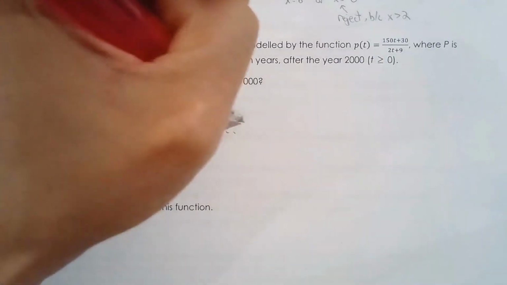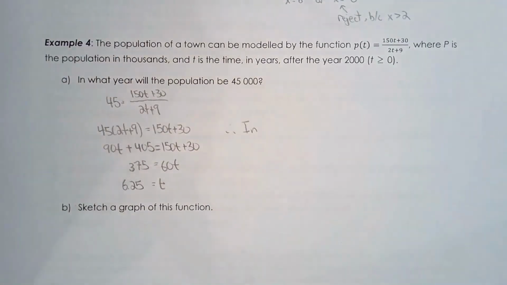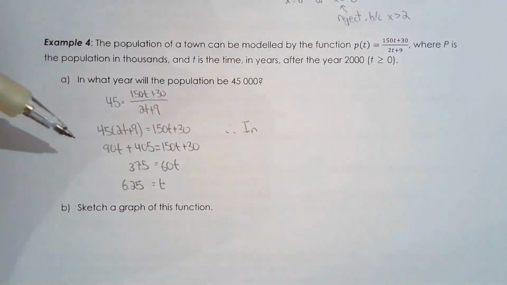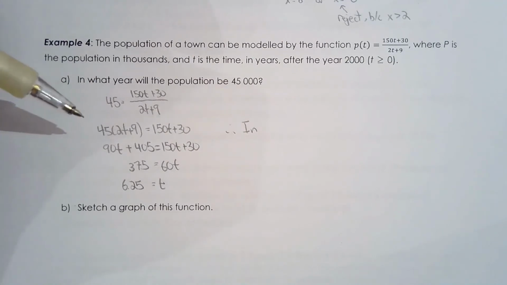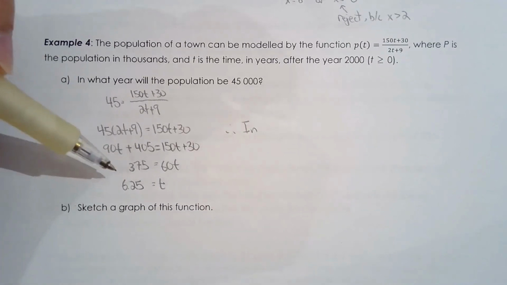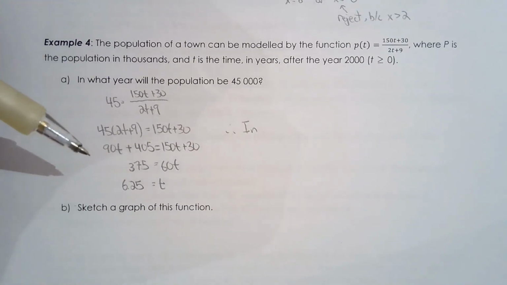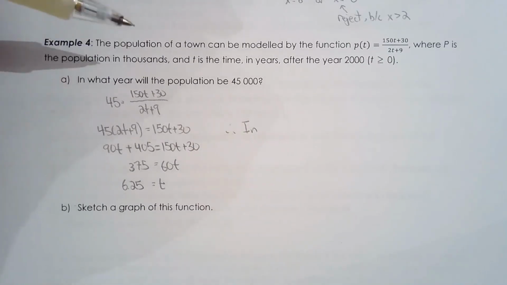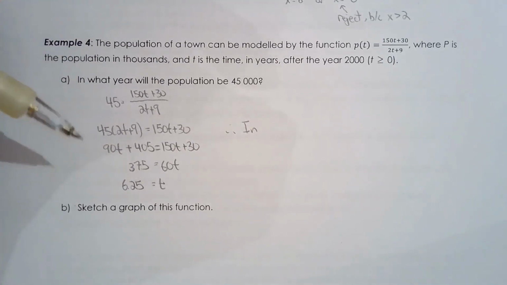Okay, therefore, all right, what year is it? If t was 1, you'd be in 2001. If t was 2, you'd be in 2002. So 6.25, that's 2006 and a bit into 2006. But a quarter of a year into 2006 is still 2006.